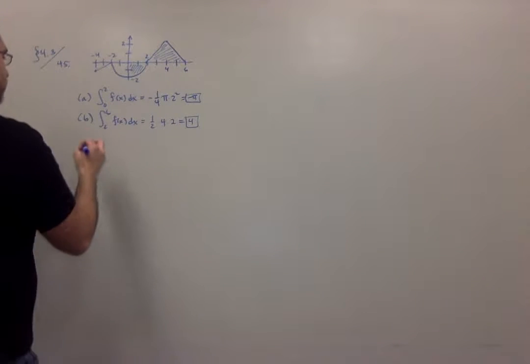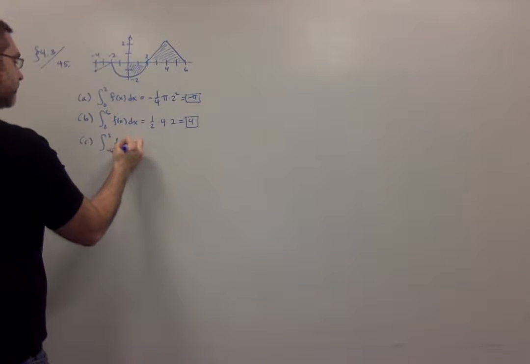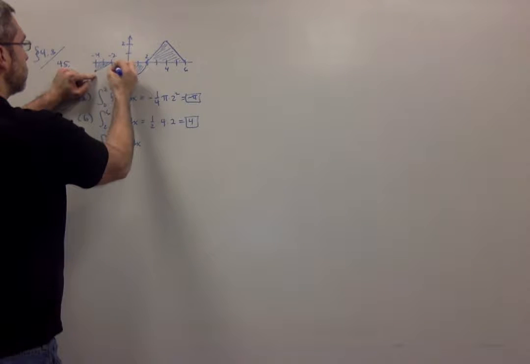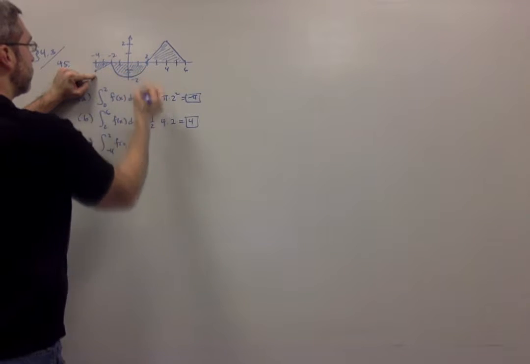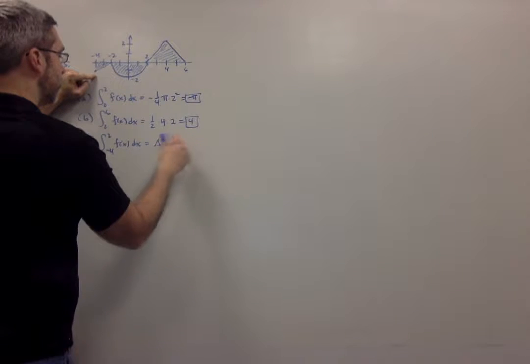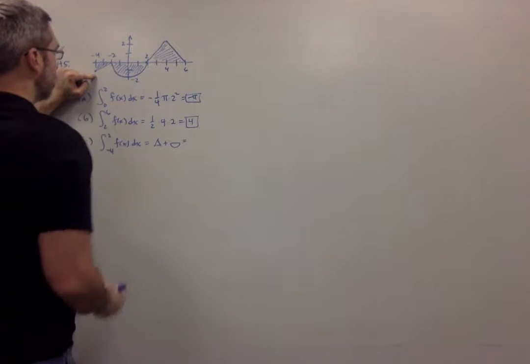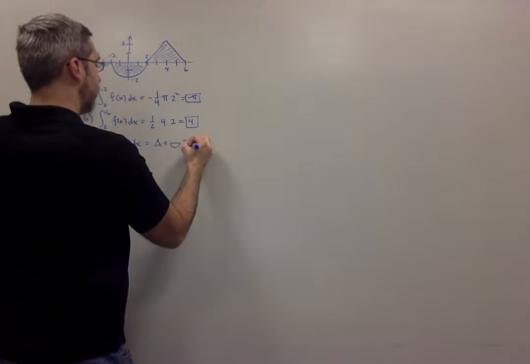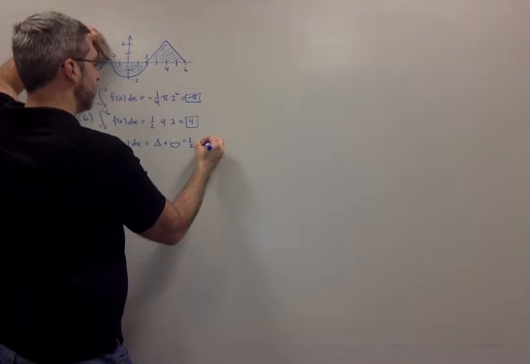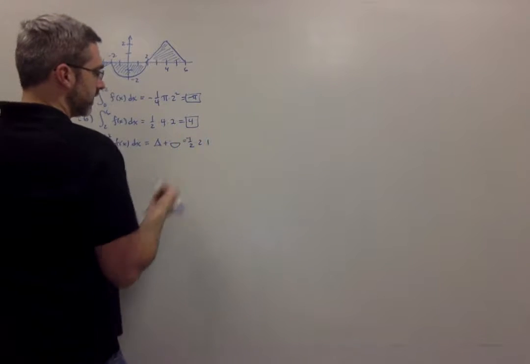Okay, so now, what if I went from -4 to 2? There I want this area plus this area. And so that's going to be the area of the triangle plus the area of the half circle, not a full circle. The triangle is going to be 1/2 base is 2, and the height is 1, but it's a negative height, so you can put the negative there or here.